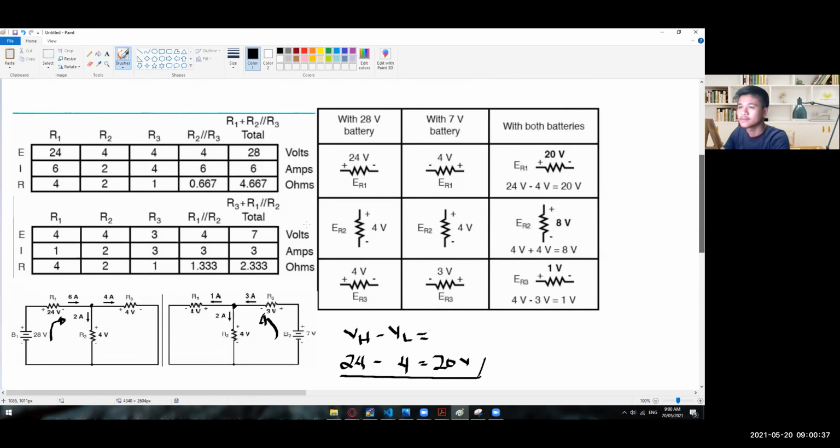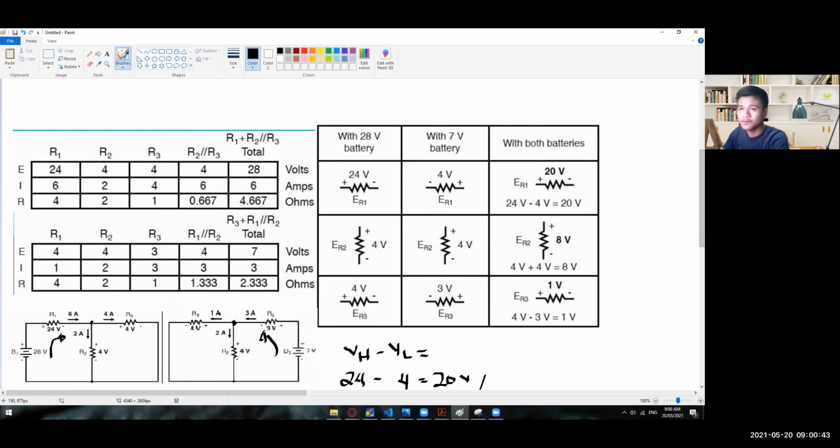Okay. So the same with the ER2 and ER3. For the ER2, we have here 4 volts, and then for the R2, we still have 4 volts.